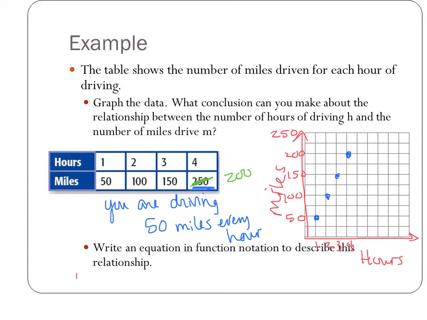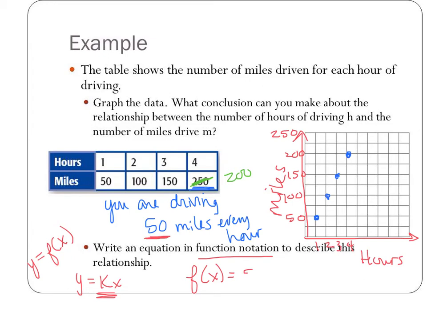And what we're going to do next is we're going to write an equation for this. Now instead of writing y equals kx, we're going to do this in function notation. So we're going to do f of x equals, okay, y is the same thing as f of x. I'm just replacing y with f of x. And so k is this number right here. What is happening?